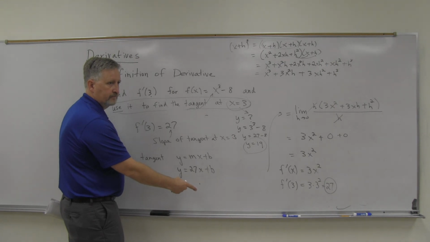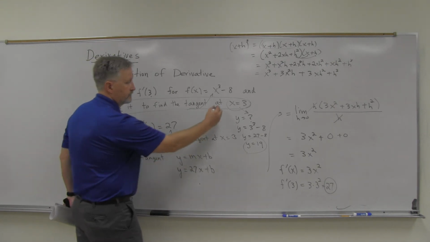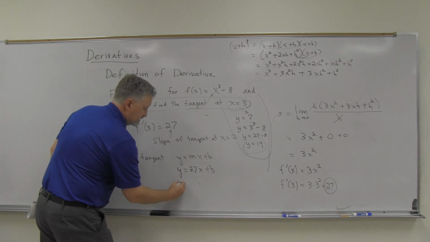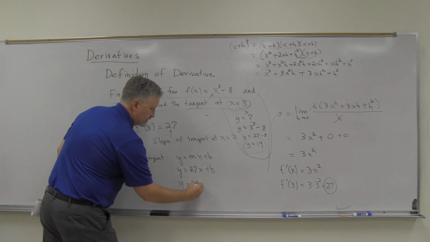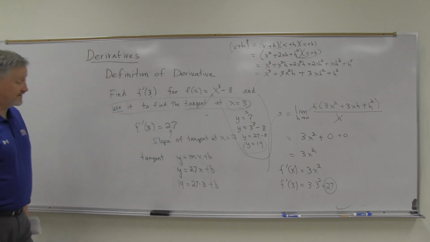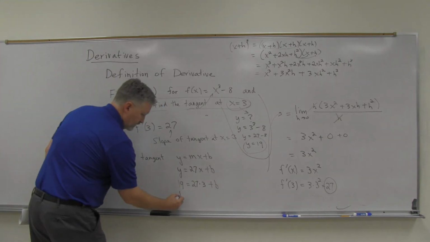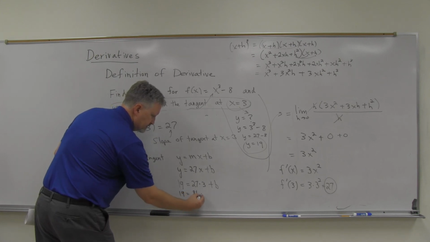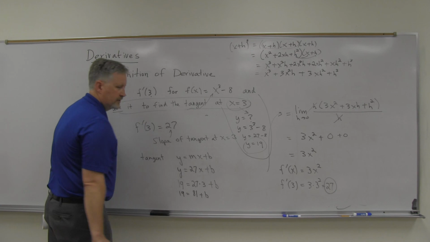With me? So 19 is y when the x value is 3. Oh, okay, so that's going to be quite a large negative number. Is that 81? 27 times 3?